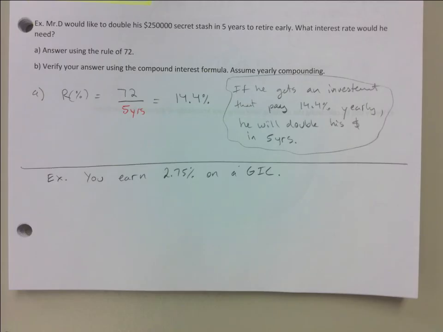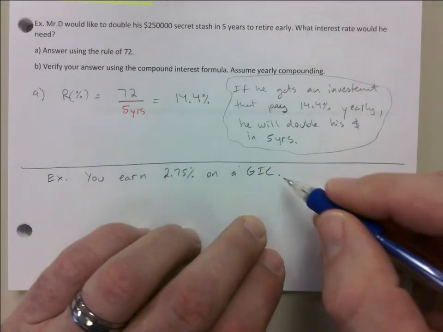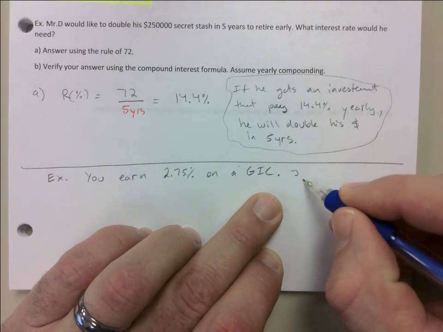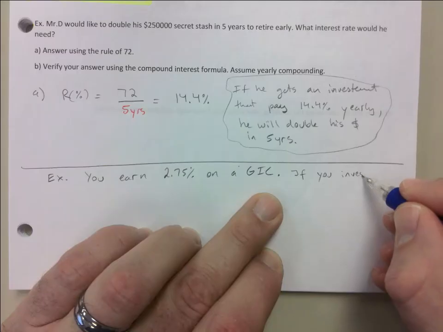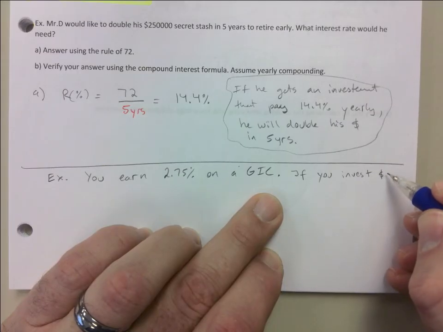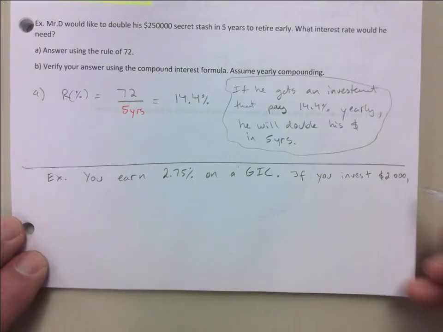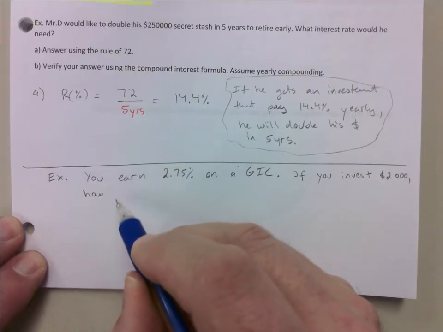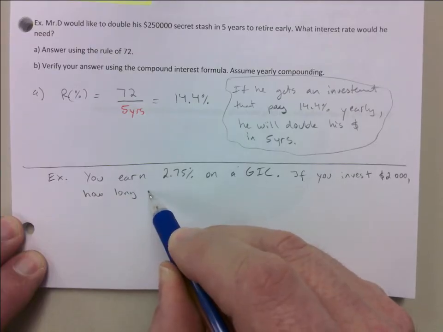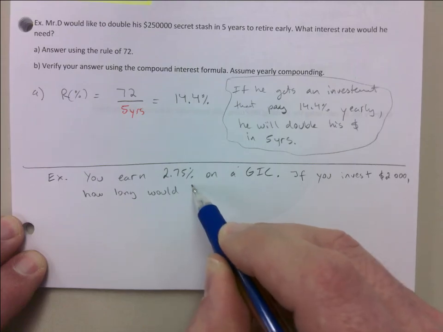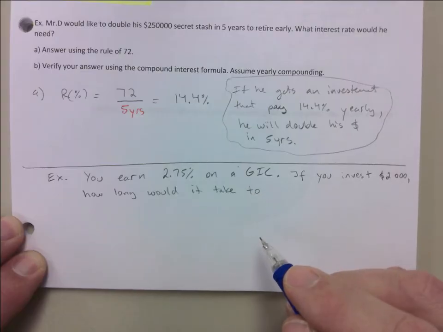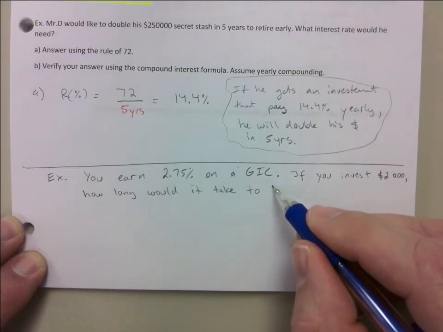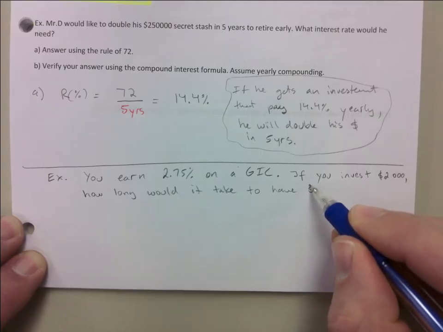You earn 2.75% on a GIC. If you invest $2,000, how long would it take to have $8,000?